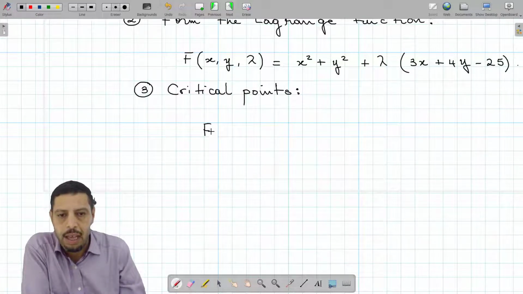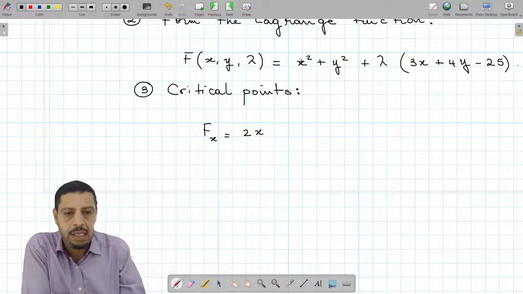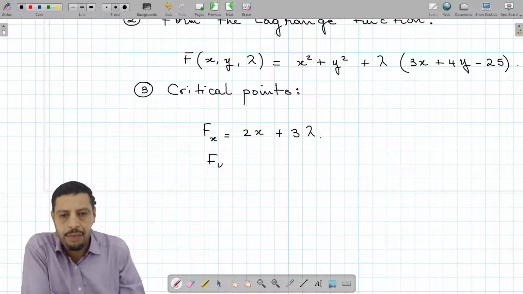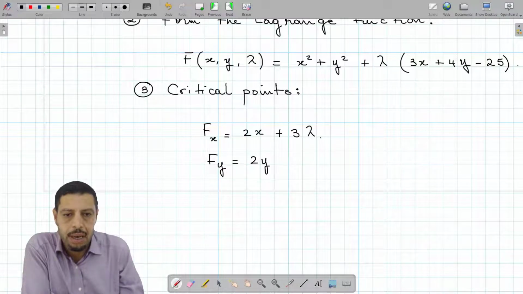Let's start with x, which is equal to 2x coming from x squared. There is no x in the y squared, so it gives 0. And we have here 3x. Its derivative is 3 multiplied by lambda. So it's 2x plus 3 lambda. We also compute Fy, which is equal to 2y, same thing, plus 4 lambda.